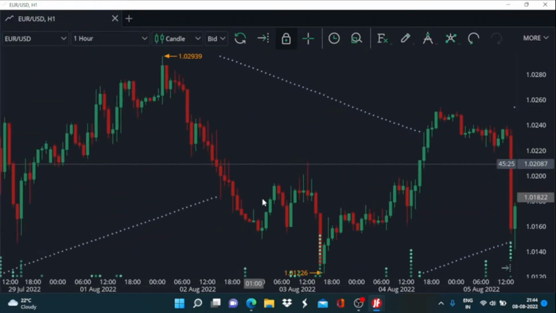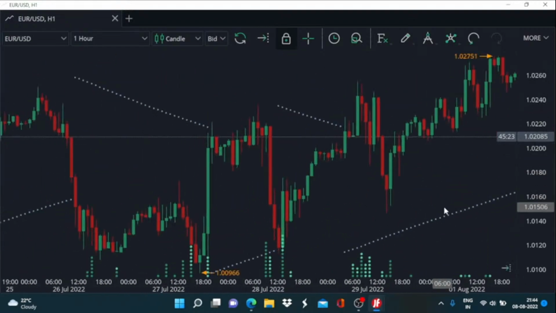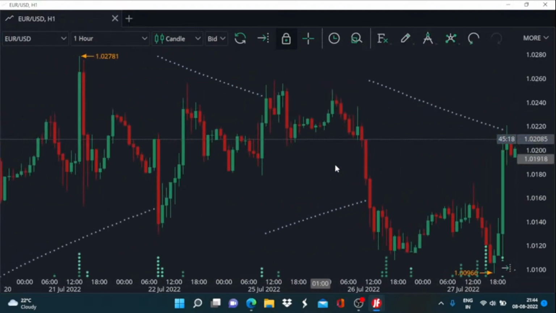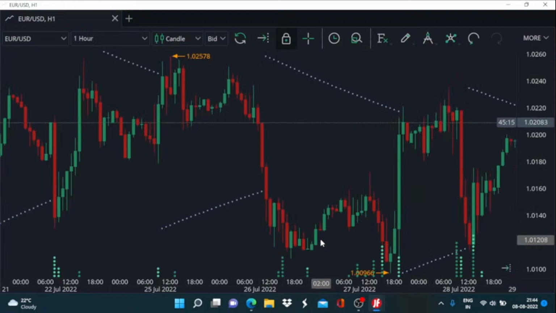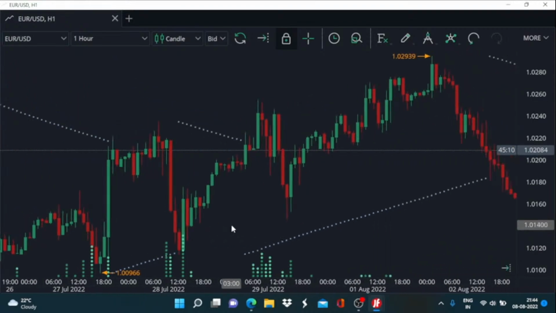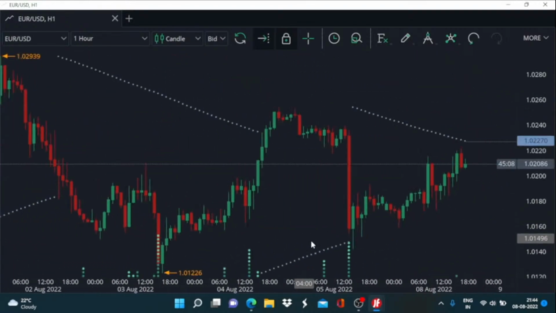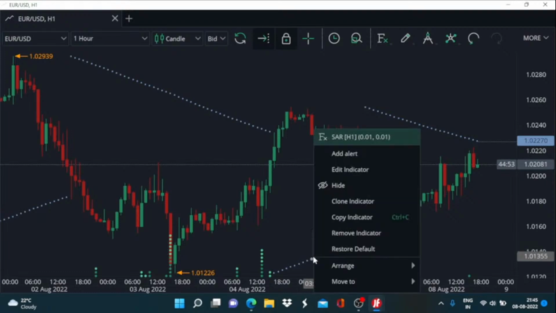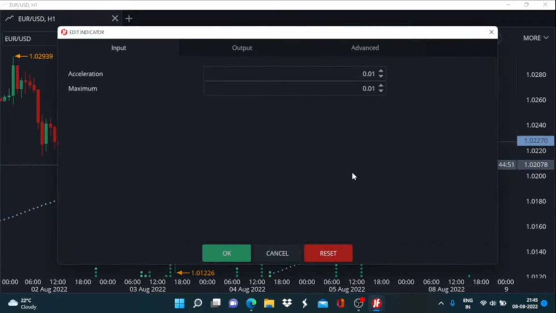But in the market where we are not really seeing any big move, in those kind of market, we will see that the trend change will be happening exactly close to the moments where these highs or lows are formed, and it will lead to a lot of losses in those kind of circumstances. So here also you can go for a combination of two different time frames. Parabolic SAR plotted indicator, you can use a larger time frame along with the lower time frame, and you can filter out some noise.